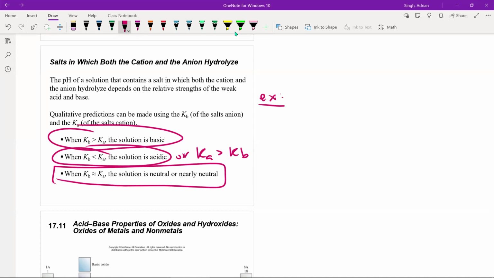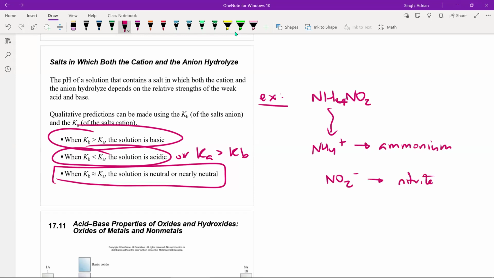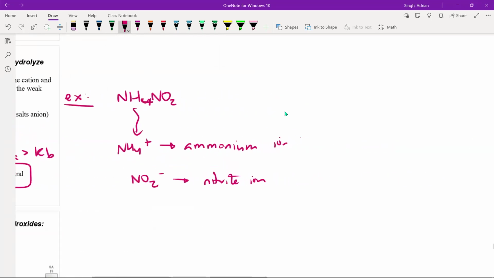So for example, if we have something like ammonium nitrite, NH4NO2, okay, what are the ions here? Well, we have the NH4 plus, and we have the NO2 minus, right? This is the ammonium ion, and this is the nitrite ion. The ammonium ion is the conjugate acid of a weak base.